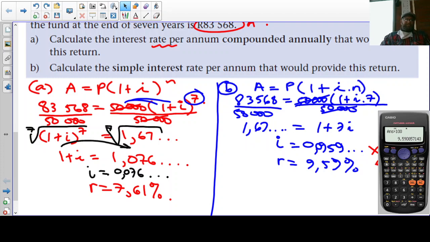So that brings us to exercise 11.2. Since there was no confusion with that exercise, we're going to carry on to the next exercise. So now we're looking at compound interest over different time periods.